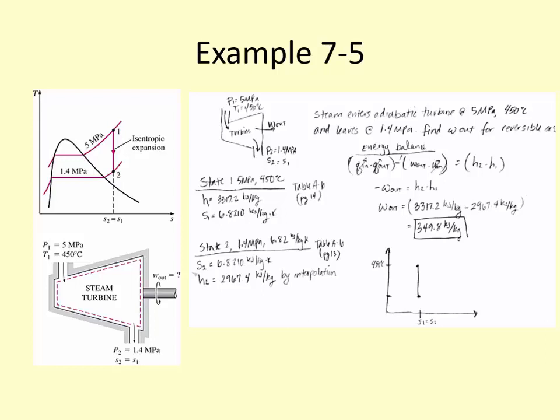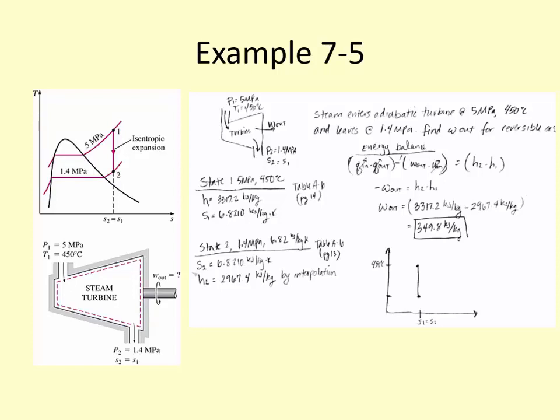We know all these other values. These are the A and the B values. We solve for H2, and we find that number to be 2967.4 kilojoules per kilogram, again by interpolation.